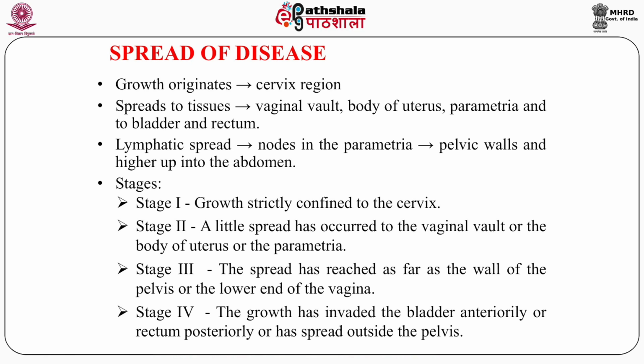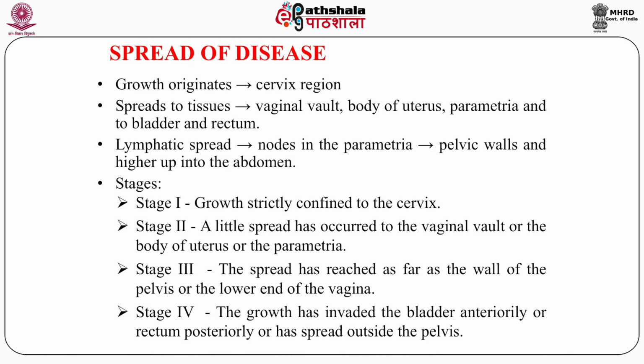There are various stages of cancer, in particular the carcinoma cervix case. Stage 1, where growth is strictly confined to the cervix. Stage 2, a little spread has occurred to the vaginal vault or the body of uterus or the parametrium.